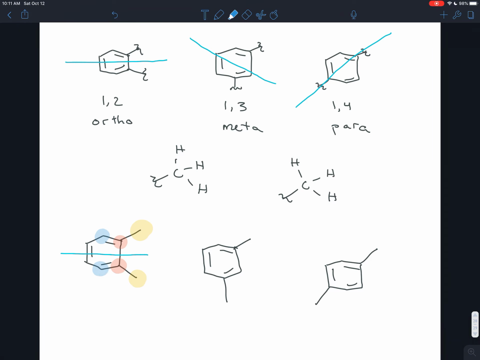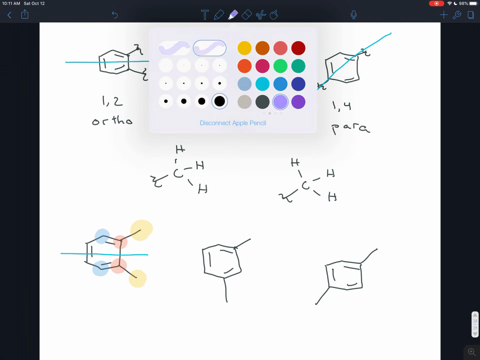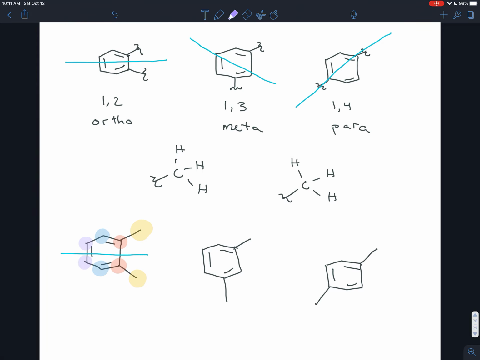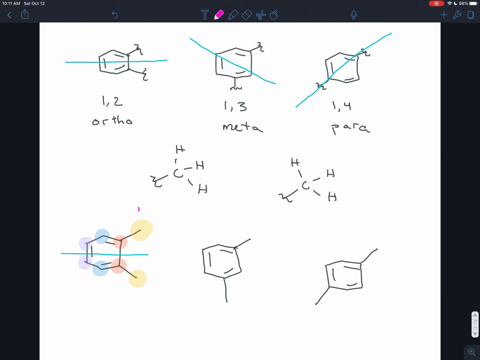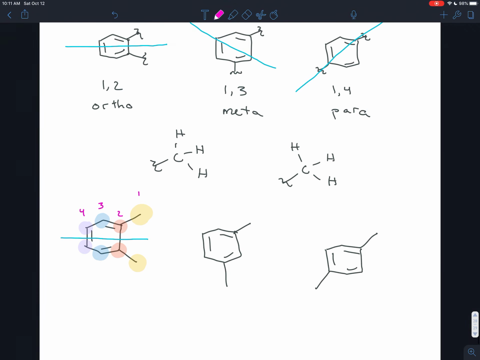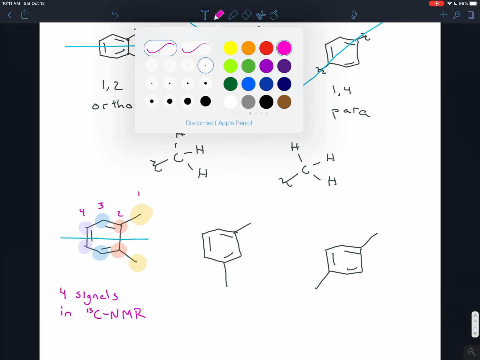We have the carbon that's one further away from the methyl group. Those are both in the same electronic environment. And we have a carbon that's 2 away from the methyl group. Those are both in the same electronic environment. And so that gives us a total of 1, 2, 3, 4. That gives us 4 signals in a carbon-13 NMR spectrum, because we have carbons in 4 different electronic environments.